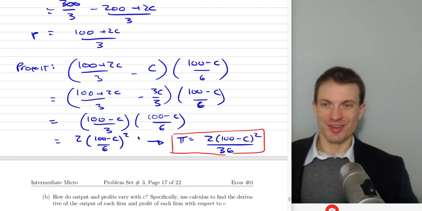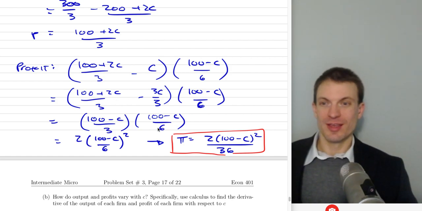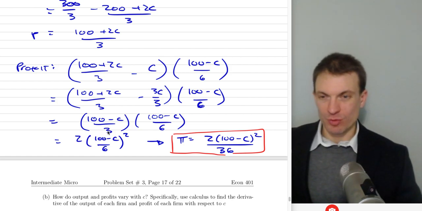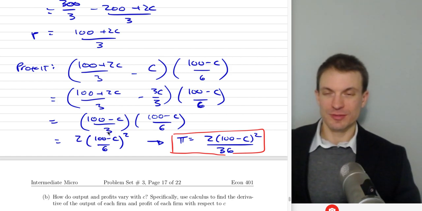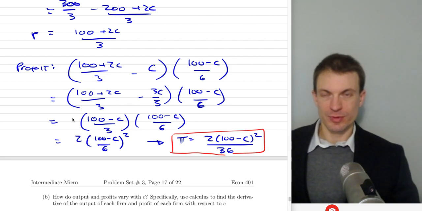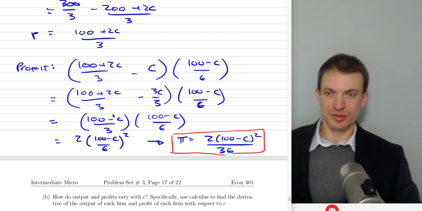So then I'm going to say, wait a second, I can do something else to get a common denominator. I've got a way to make this a 6. So if I multiply again by 2 over 2, one of the 2's is going to go through and make this a 6. So then I'm going to have 100 minus c over 6 twice, so squared.